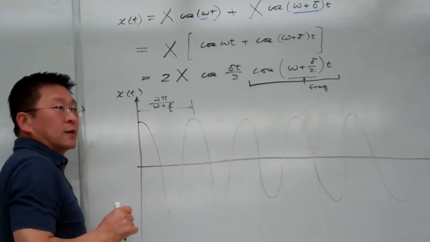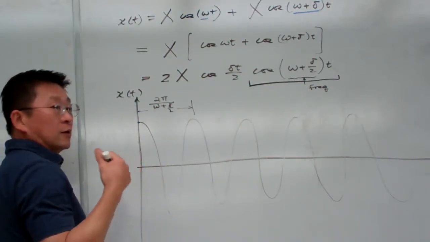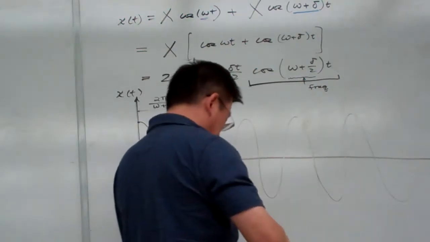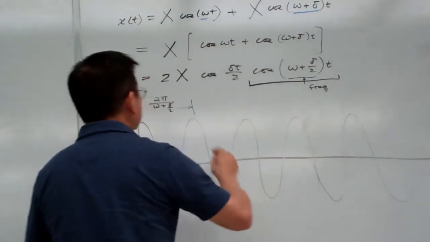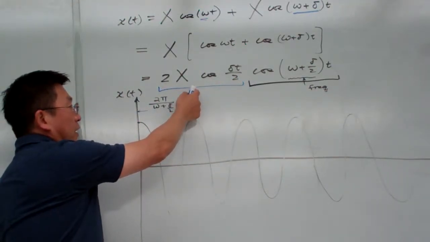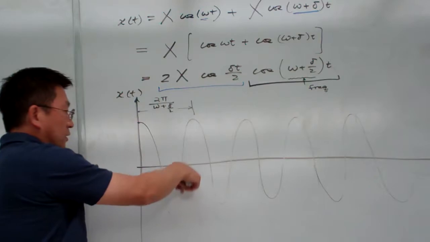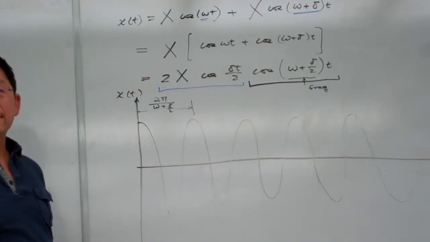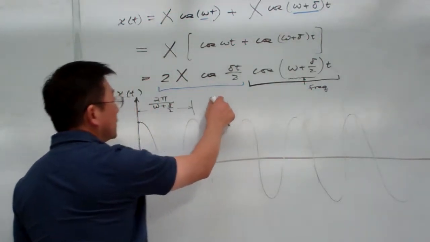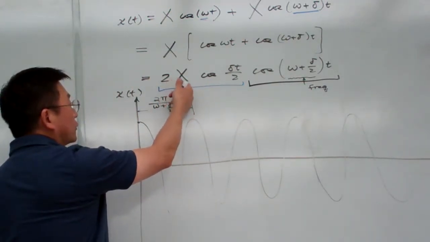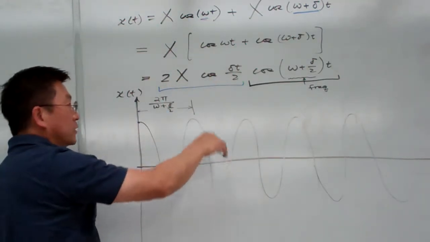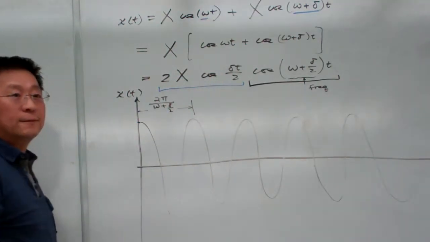like this. But right now, I'm going to modify it, and the magnitude actually is governed by this. This one represents the magnitude of the information we draw here. And look at the magnitude. The magnitude equals 2x, and the magnitude is also fluctuating with time, right?